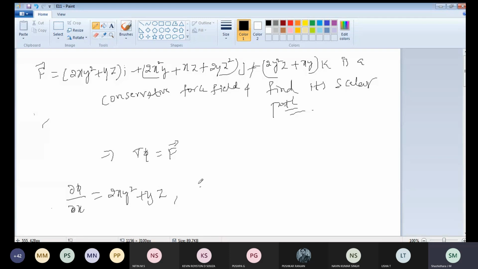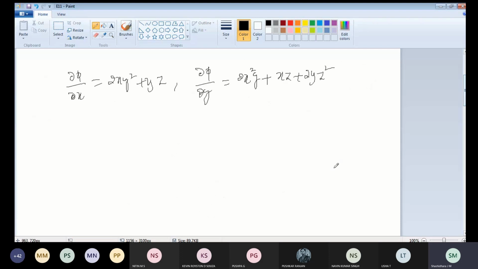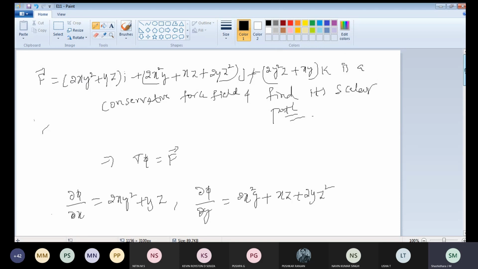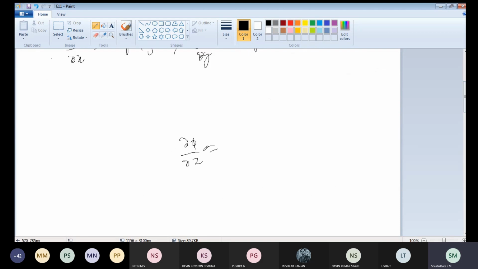Similarly, del phi by del y equal to 2x square y plus xz plus 2yz square. And the third one, del phi by del z equal to the coefficient of k, 2y square z plus xy.